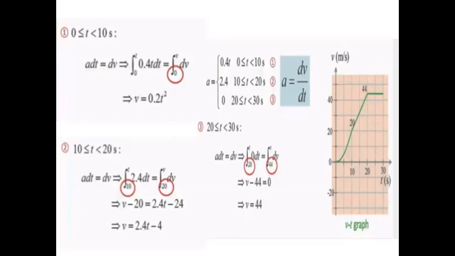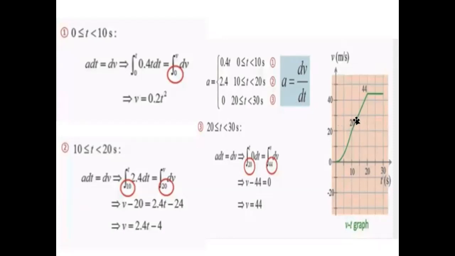We do the same thing for the second time period, same integration. Now look at the lower integration limit of time. From the beginning of this time period, that is 10 seconds, and here we again integrate from the velocity at the beginning of this time period, which is velocity equal to 20.